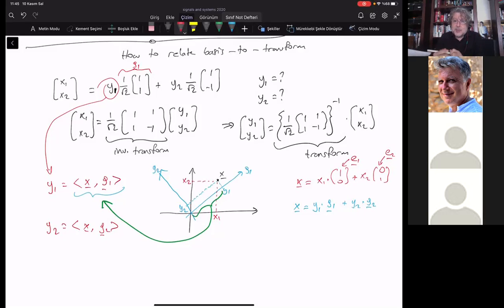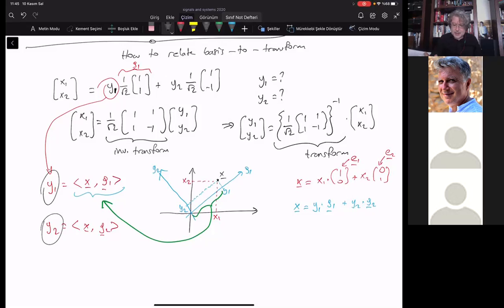So when you take an inner product, you multiply and integrate, or multiply and sum up, but you take the conjugate of the complex exponential, and that's why we always have e to the minus j omega n in the Fourier transform formula. Actually, the basis is e to the j omega n, and the conjugate of it is required for taking the transform. These are the transform values, y1 and y2.